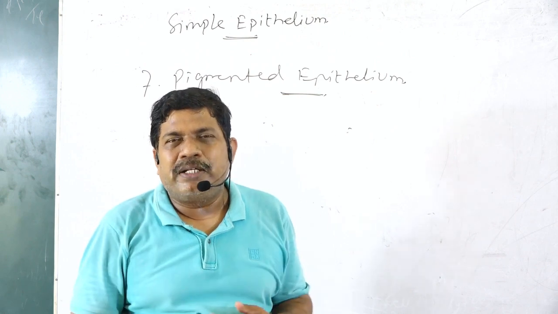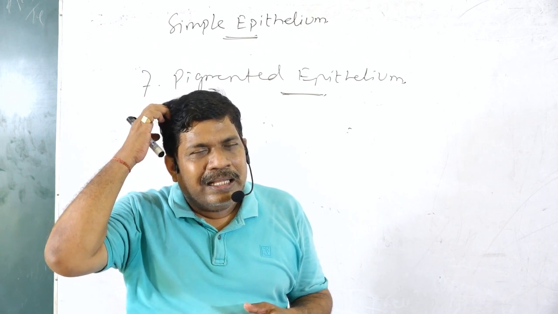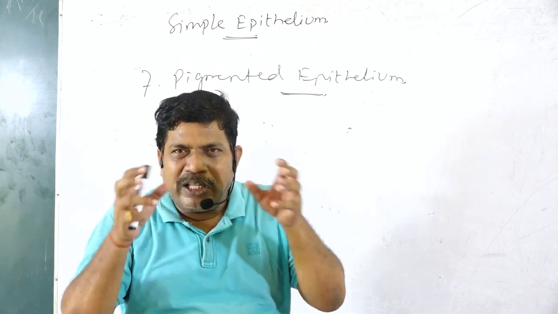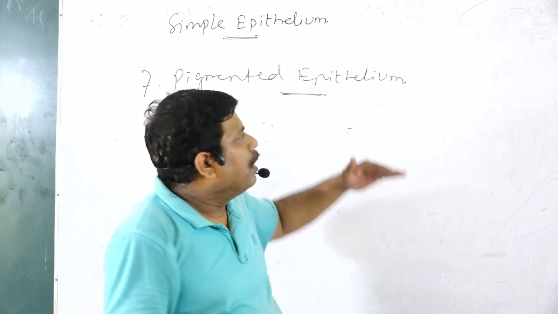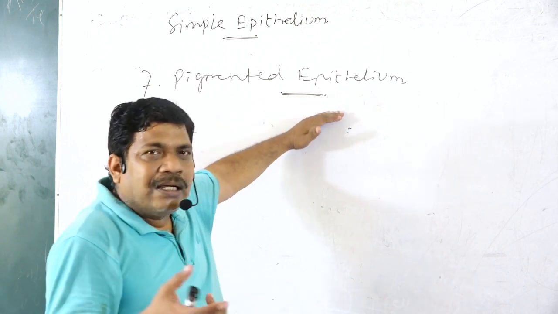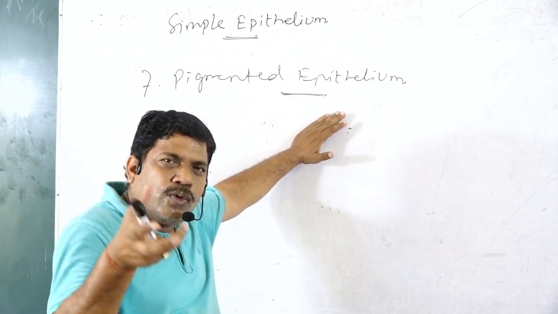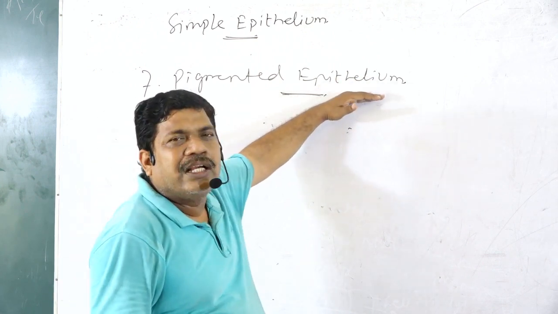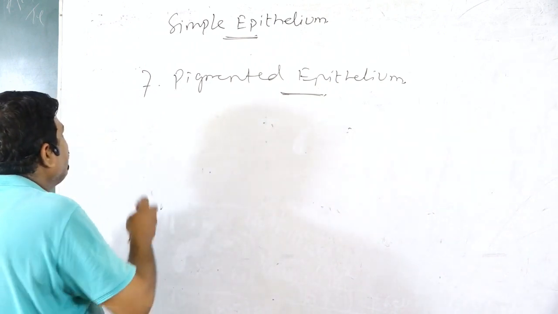When certain epithelial cells are adapted and modified to synthesize pigments, basically cuboidal or columnar epithelium, that is called pigmented epithelium.